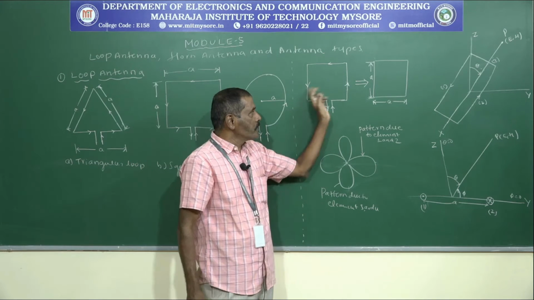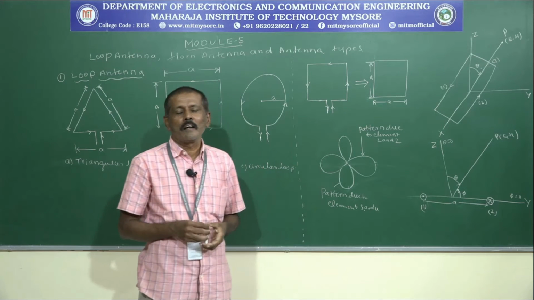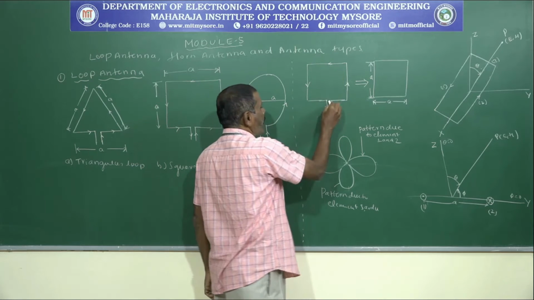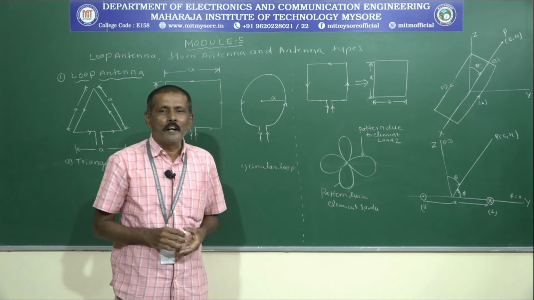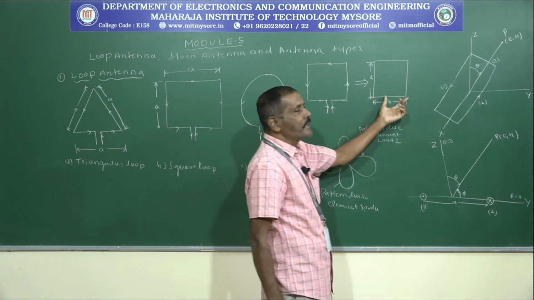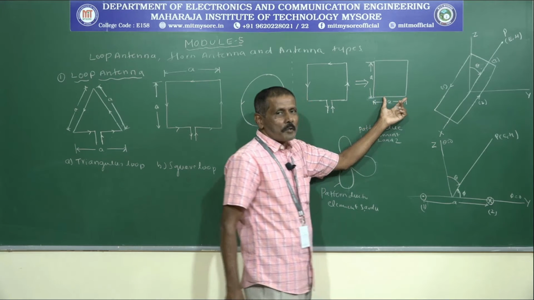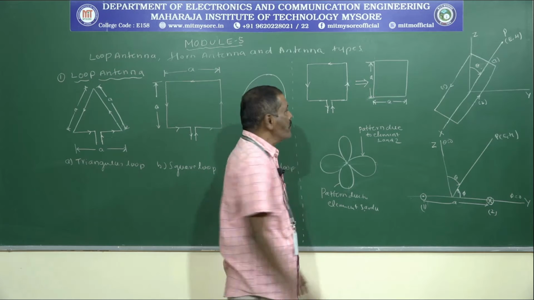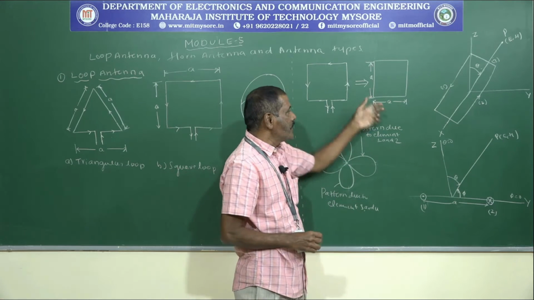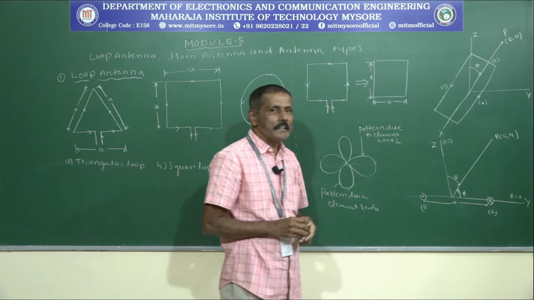I mean to say, these two antenna elements act as vertical antenna elements, and these two elements act as horizontal antenna elements. The same antenna we are representing in the rectangular form, having dimensions A and A, that is, length is A and breadth is A.